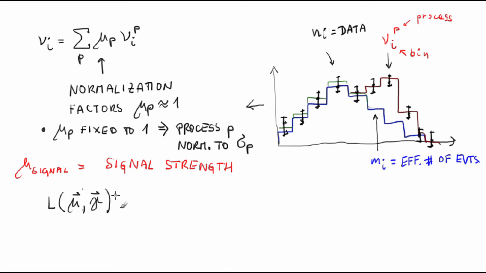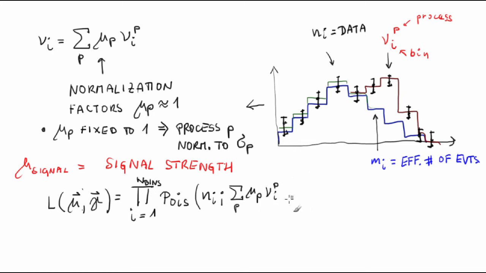L of parameters μ_p and γ_pi is equal to the product over i equal to 1 to n bins of the Poisson distribution of n_i given the parameter sum over p of μ_p ν_pi γ_pi, times the product over p of the Poisson distribution of m_pi with parameter m_pi times γ_pi.